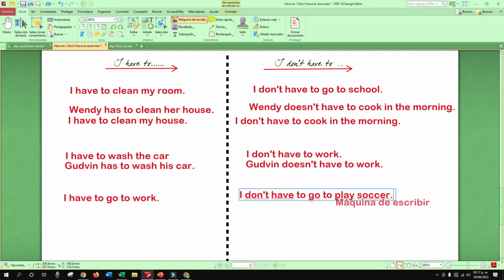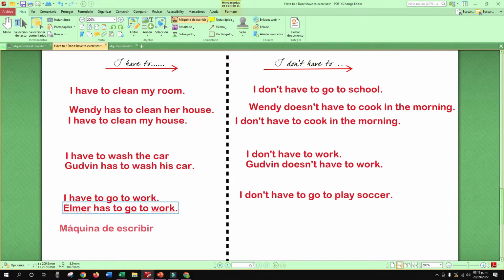Yes? I have to go. We can say to, right? That is always go to play soccer, right? Or you can say Elmer has to go to work, right? Elmer has to go to work.